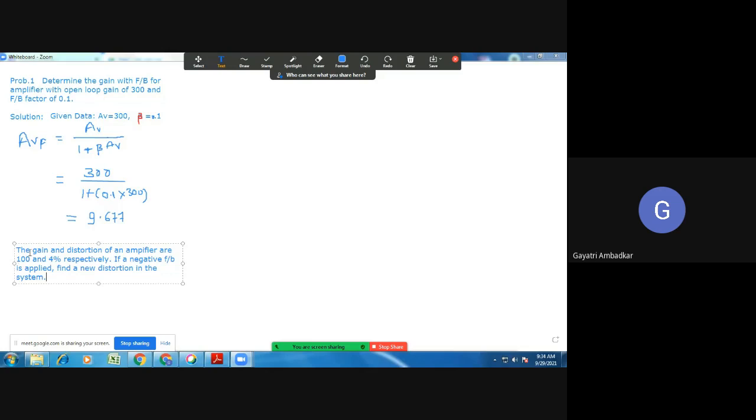Read the problem. The gain and distortion. Now what is distortion here? D, what we are calling the sensitivity. So gain and distortion of an amplifier are 100 and 4% respectively. So A is given and beta is given. If negative feedback is applied, find a new distortion in the system. Okay, so this is the second problem.